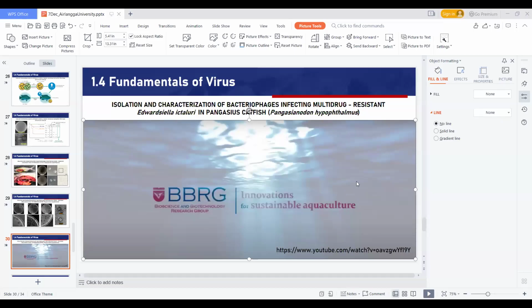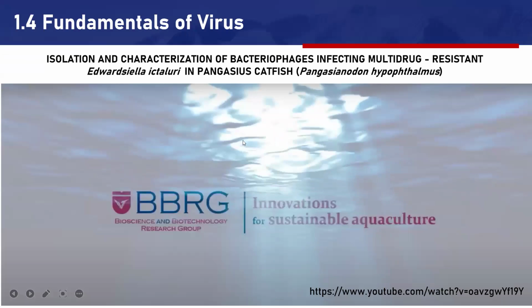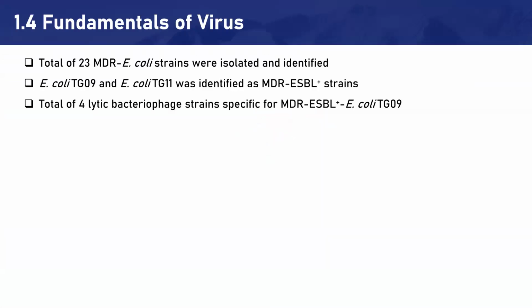Okay. This is the example of the phage applications in aquaculture. However, we can apply the bacteriophage in other aspects of veterinary medicine, such as the poultry industry or pig farming. In another project, we focus on multi-drug resistant E. coli in poultry, especially colistin-resistant E. coli.